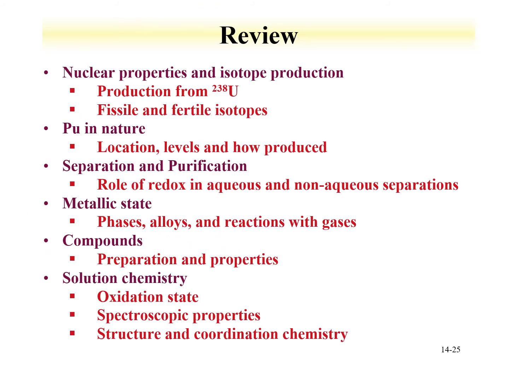Taken together, in all three lectures, we evaluated nuclear and isotopic properties of plutonium, the production of plutonium-238, and some discussion of the fissile and fertile isotopes. We reviewed plutonium in nature and how it's produced. We went over separation and purification routes.